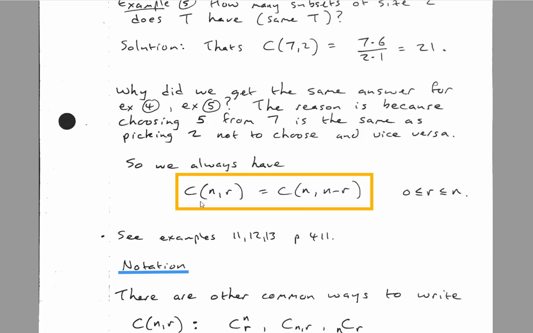And in general, we always have C(n, r) is equal to C(n, n minus r). And so the number of 5 combinations from 7 objects is the same as the number of 2 combinations from 7 objects. The number of 3 combinations will equal the number of 4 combinations.